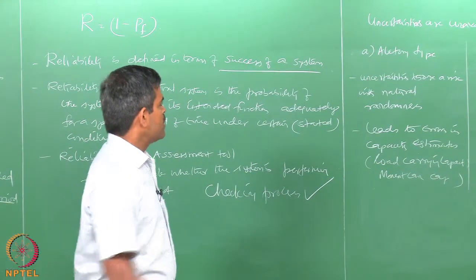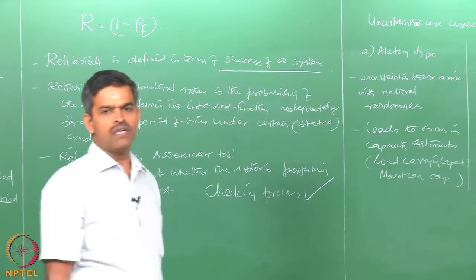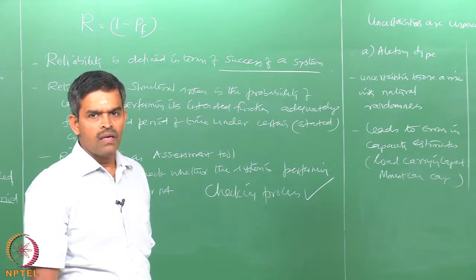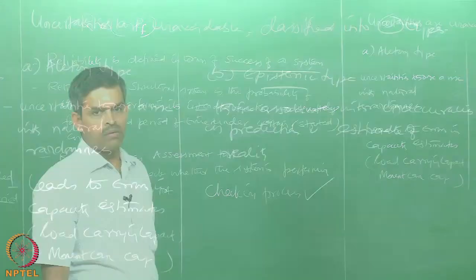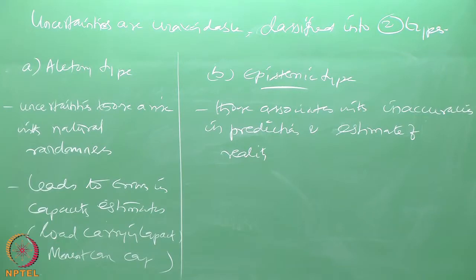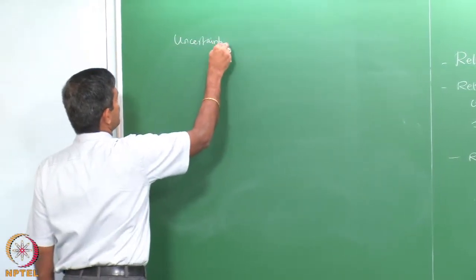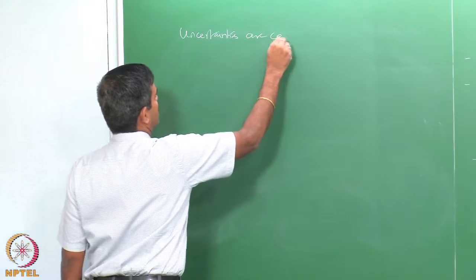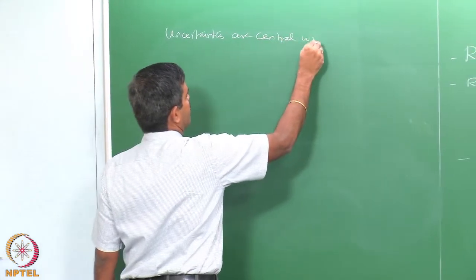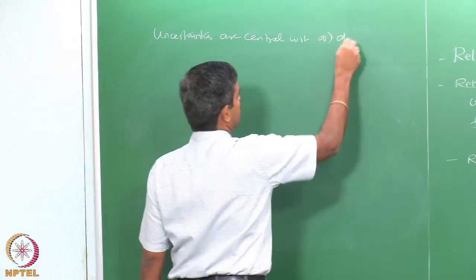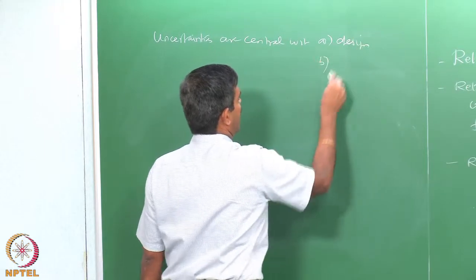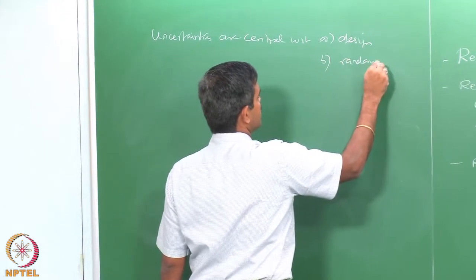Interestingly, one can see from this classification of uncertainties that it is associated more with the randomness, and it is central to the design and randomness. So, uncertainties are central with respect to design and randomness.